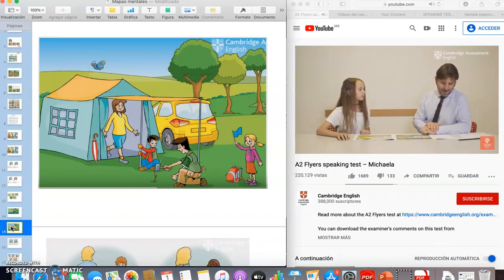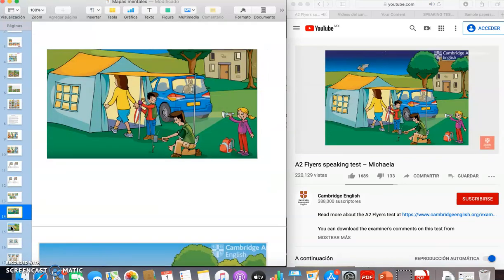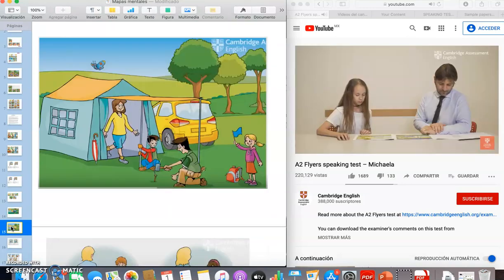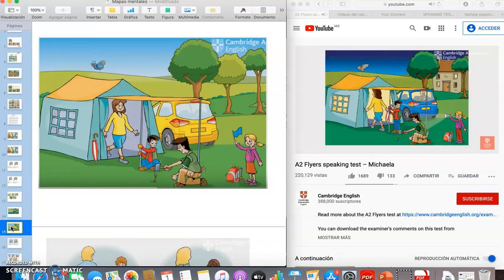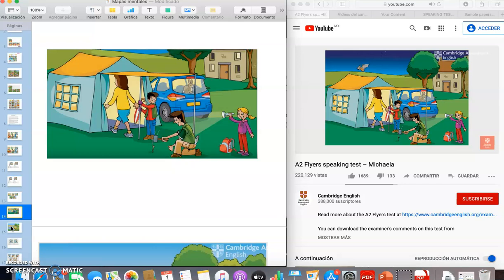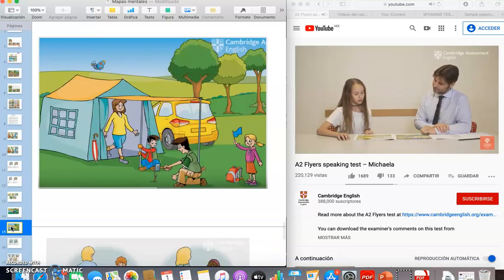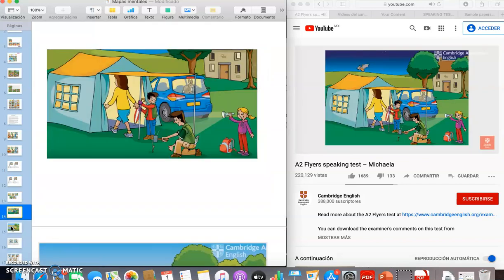Good. In my picture, the man's got a newspaper in his pocket. In my picture, the man's got a brush in his pocket. Good. In my picture, the boy is standing up. In my picture, the boy is sitting down. In my picture, the boy is wearing purple gloves.